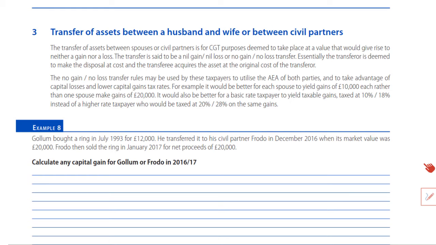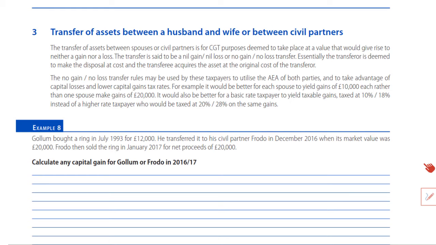So, what therefore happens when these transfers are between spouses or civil partners? Are we, in trying to reduce our income tax, going to create a CGT liability as a result?